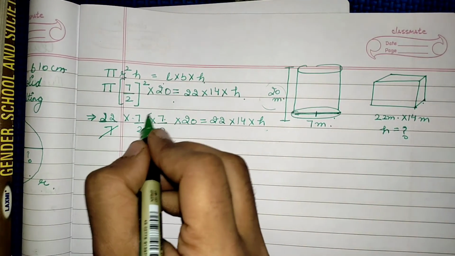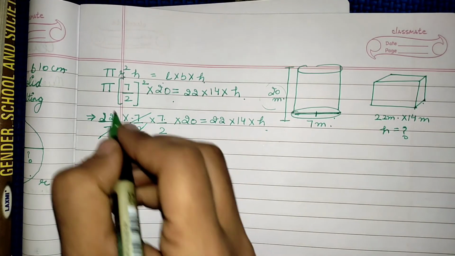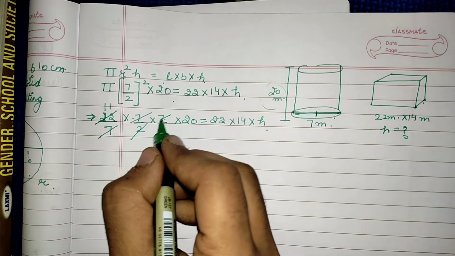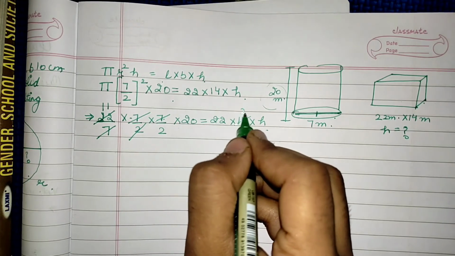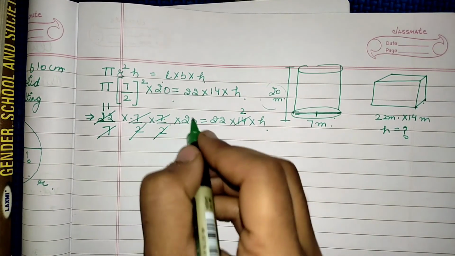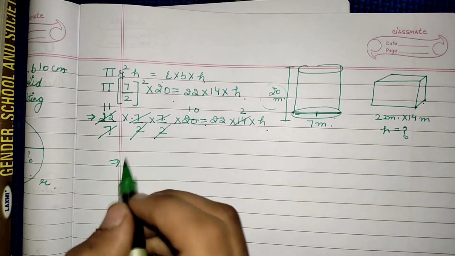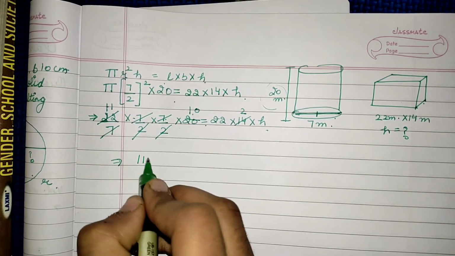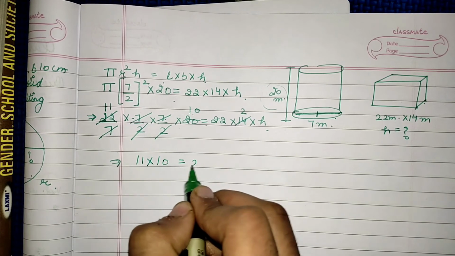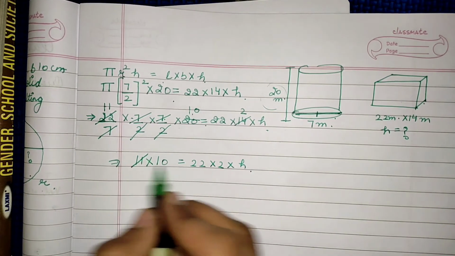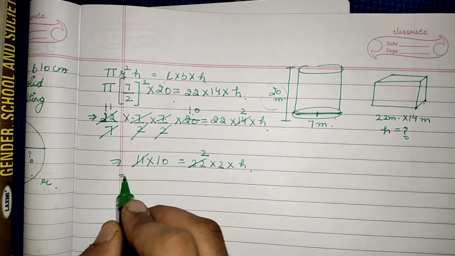So this 7 and 7 will get cancelled out. This 2 and 22 will get cancelled out, and we will get 11. And this 7 and 2 will get cancelled out. This 20 and 2 will get cancelled out. So I am left with what? 11 into 10 is equal to 22 into 2 into h. So again this 11 and 22 can be cancelled out.